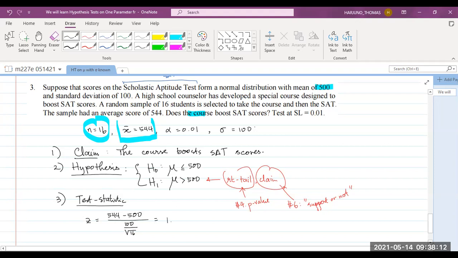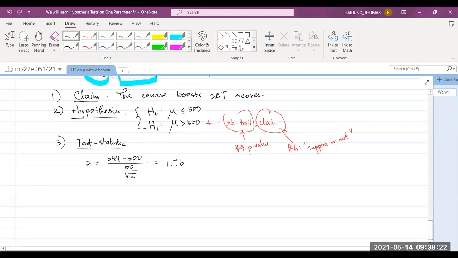That's 1.76. That's the test statistic. Now then, step 5, what is the p-value?